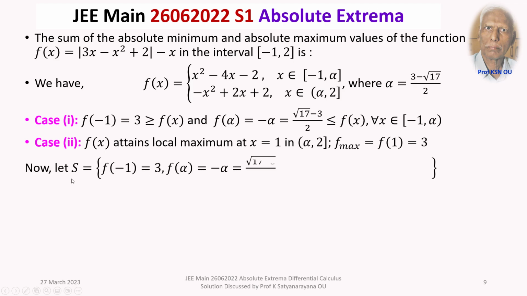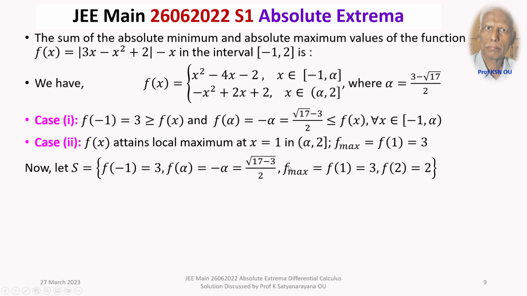So now let S be the set consisting of the values of f in the first interval at the end points. The end points in the first interval are minus 1 and alpha, f of minus 1 is 3, f of alpha is minus alpha, that is equal to root 17 minus 3 by 2.